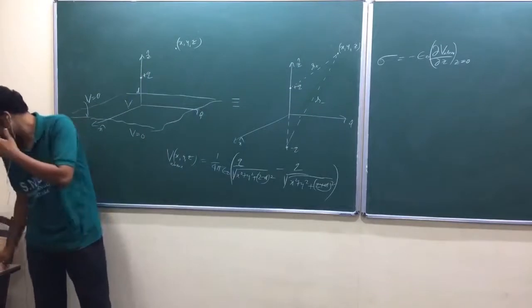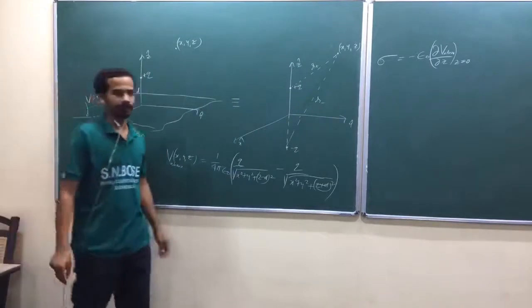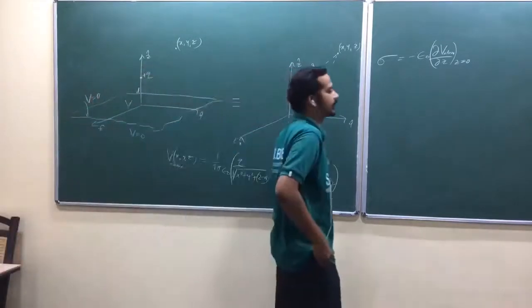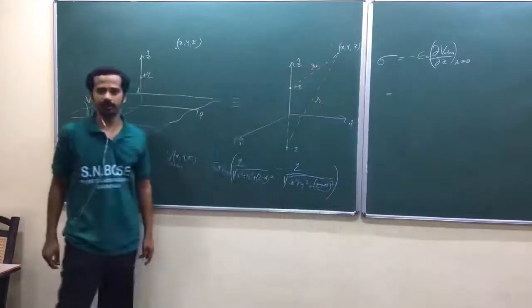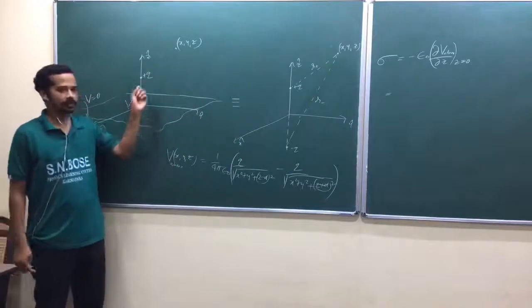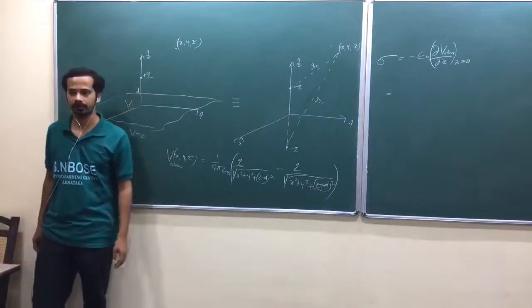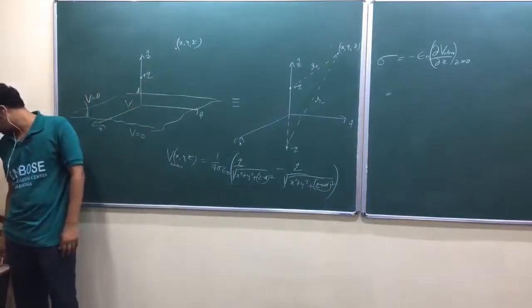Can I write directly? I want to save some time. So this is the charge density on the plane. Obviously that charge density should be negative. Why? This is a positive charge, it will induce negative charges on the plane. You can expect charge density to be negative.